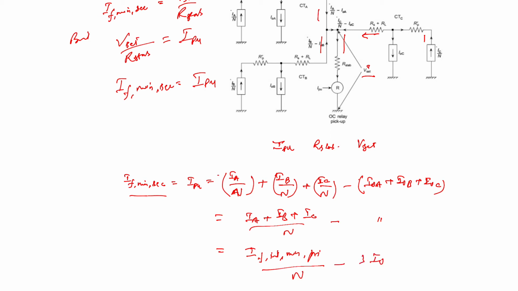It is 3 I naught because we have assumed that all the CT magnetizing current is the same, and let it be I naught.